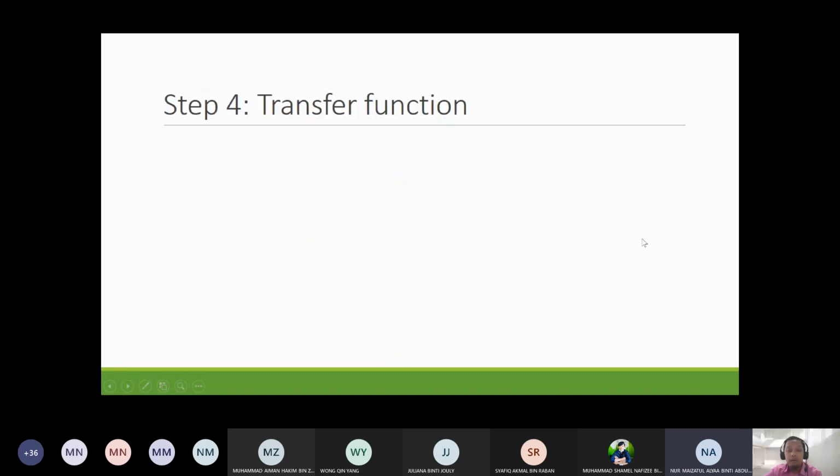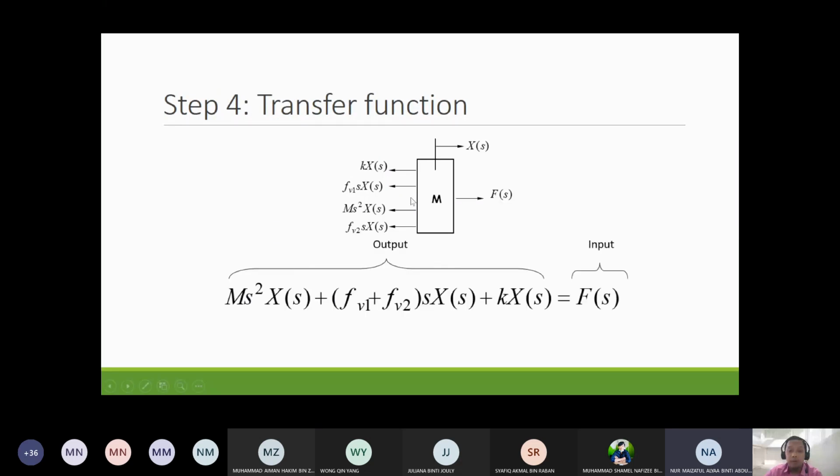Then we can write the equation of motion. We just write the force balance: force acting backward equals force acting forward.